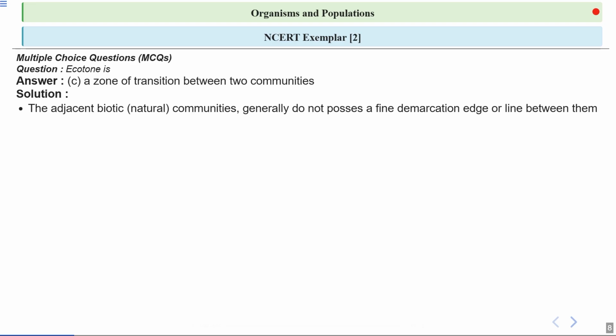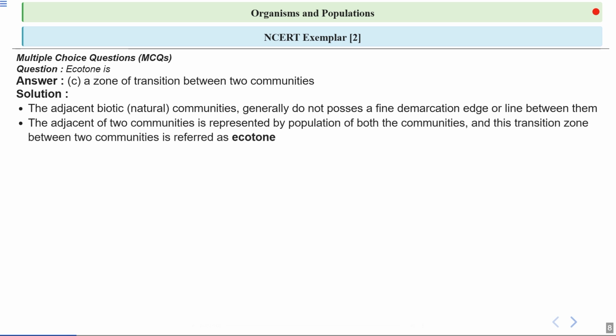Now, these gradual transitions are influenced by overlapping environmental gradients, leading to a gradual shift in species composition rather than a sudden change. Now, the edge of two communities is represented by populations of both the communities, and this transition zone between two communities is referred to as ecotone.